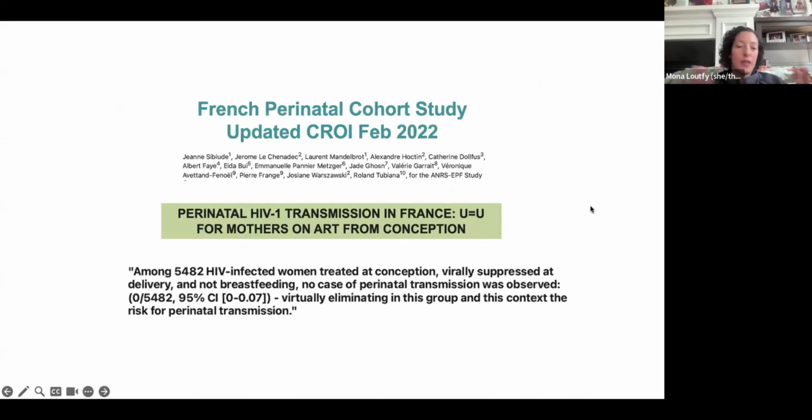And over the years, the French perinatal cohort study has followed all mother or parent-infant pairs, and of 5,482 who were on antiretroviral therapy with fully suppressed viral load before conception, which is before pregnancy, and suppressed during delivery and didn't breastfeed, there were zero cases of perinatal transmission.